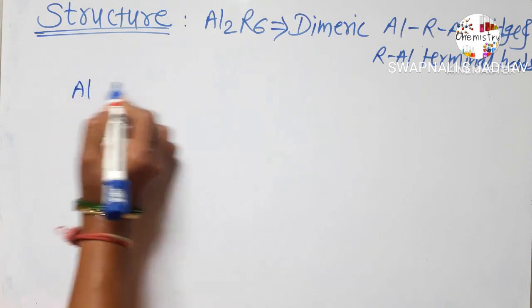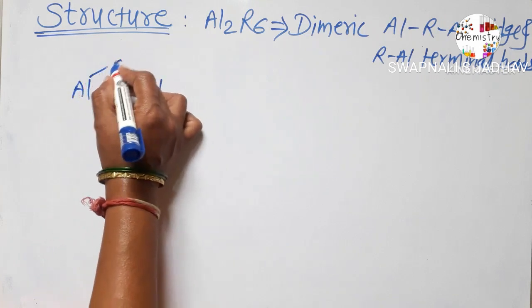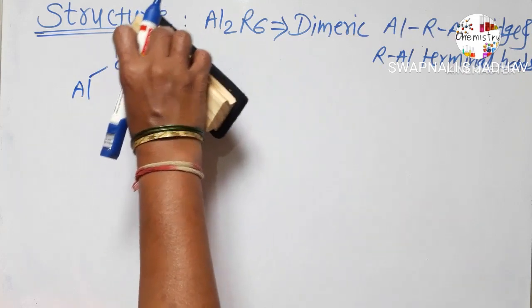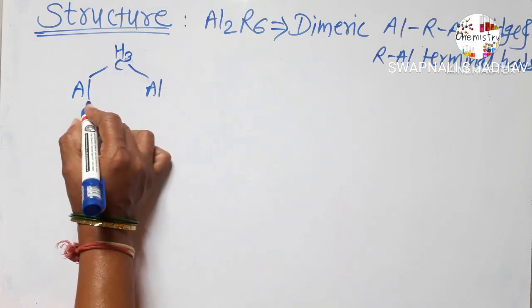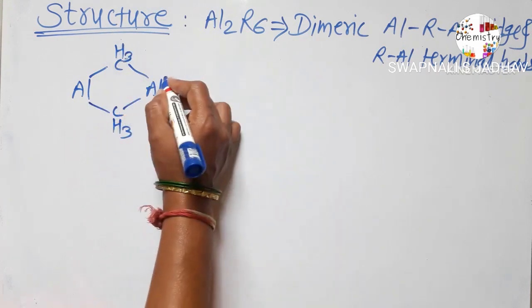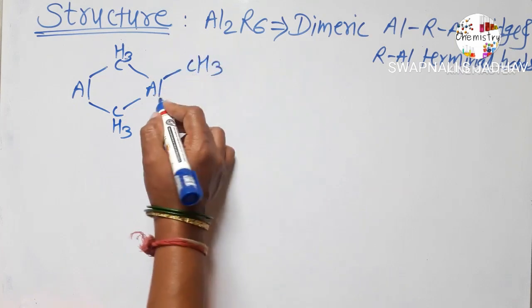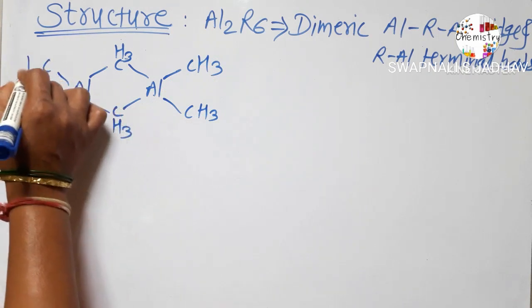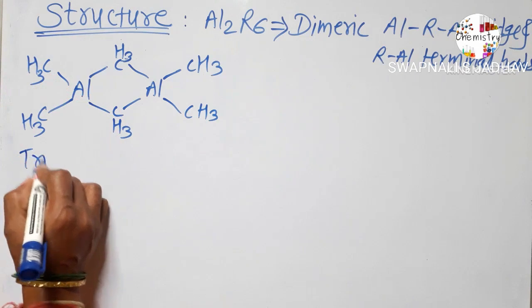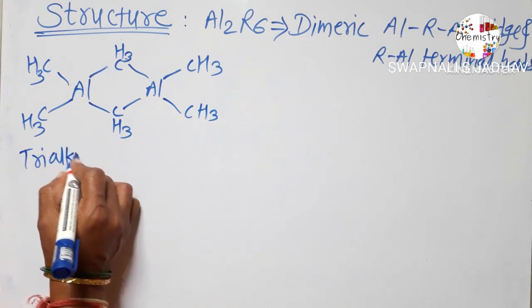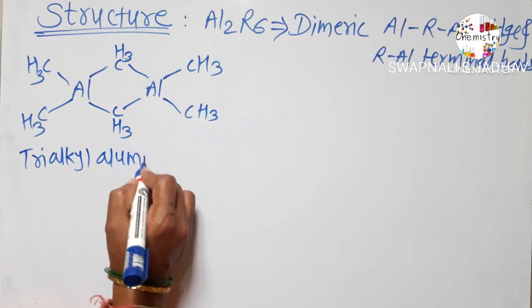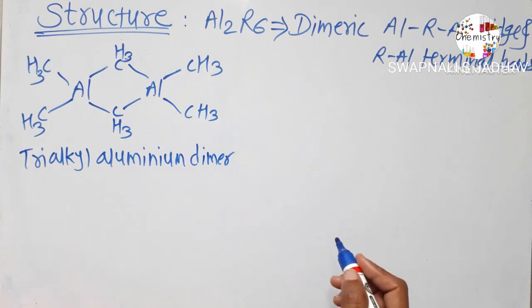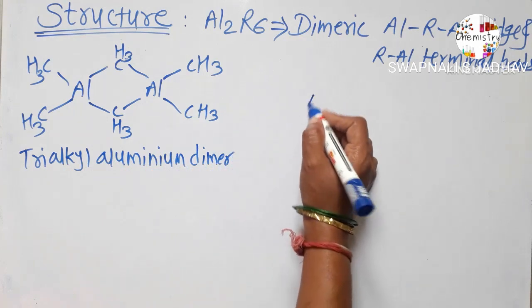So aluminium, CH3, CH3. This is the structure for trialkyl aluminium dimer.